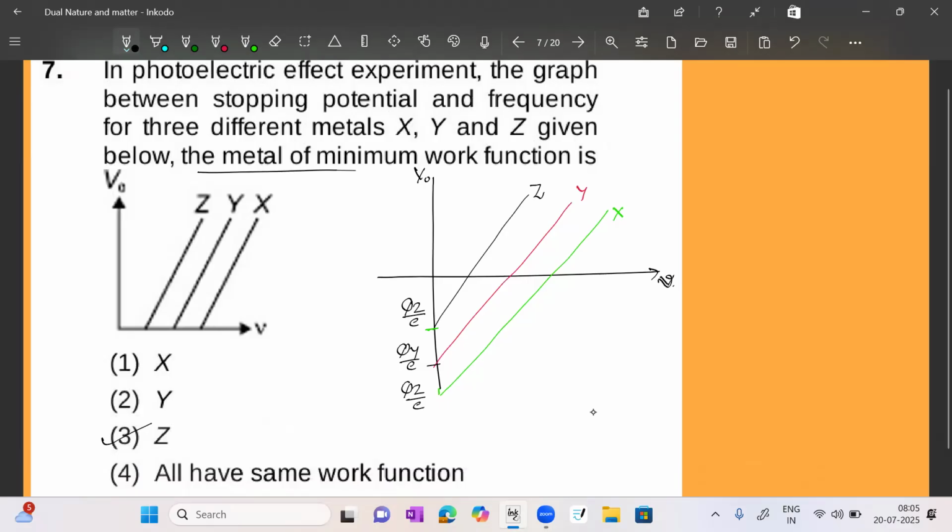The metal of minimum work function is for Z. This one has less slope, and that one has more slope. Okay.